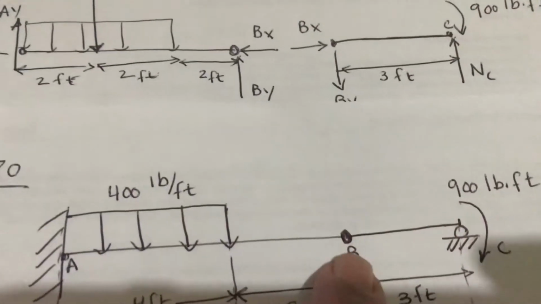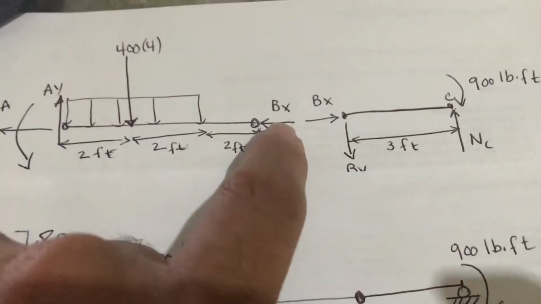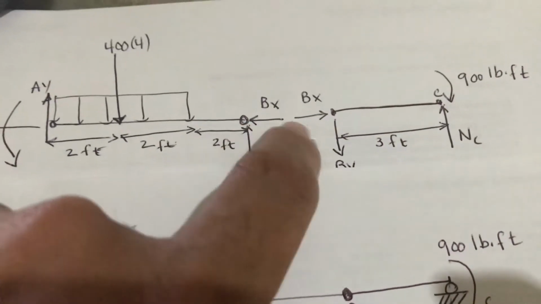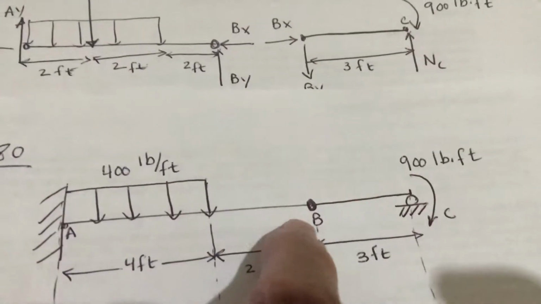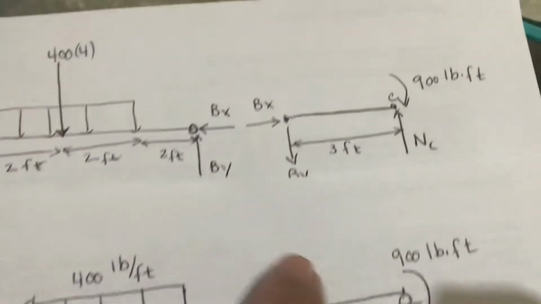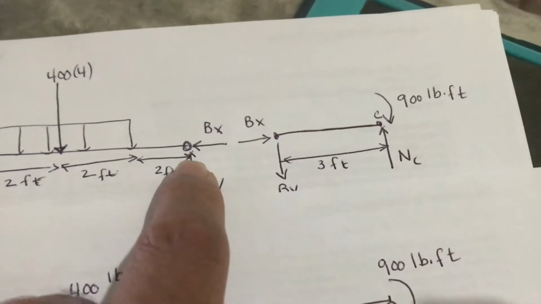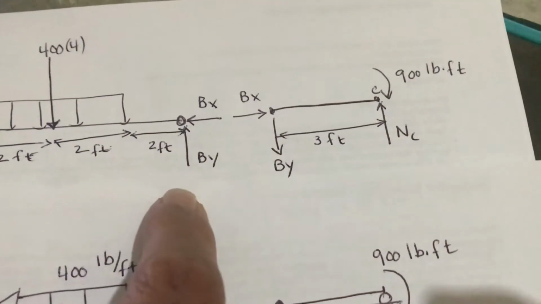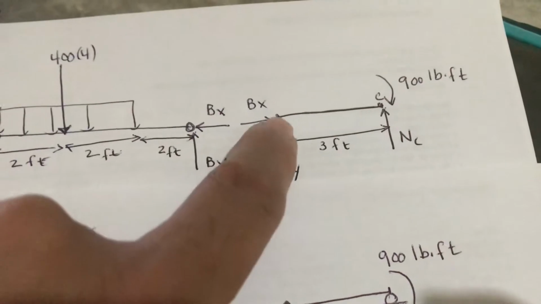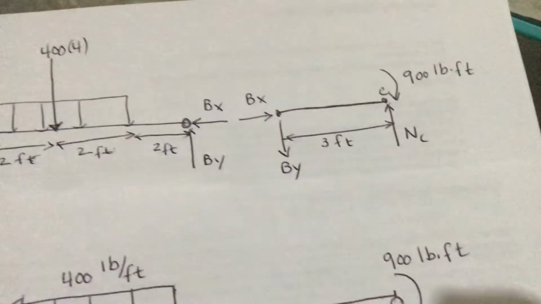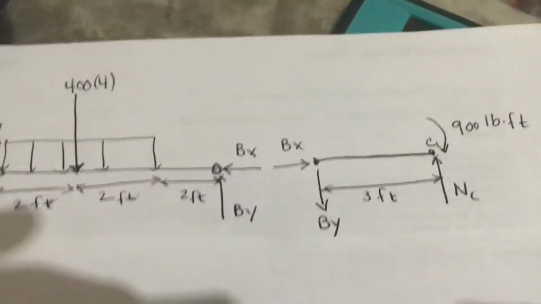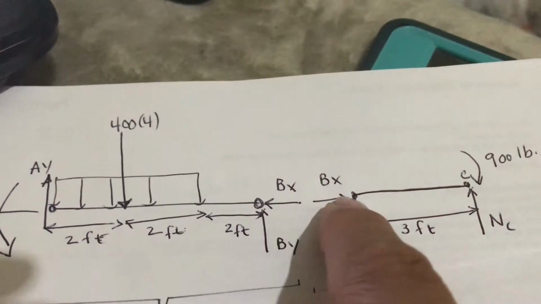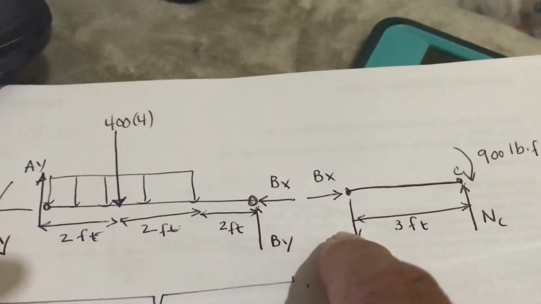So we take it off, so you can see that at point B there should be BX and BY, and of course, if you assume compression on one side, the other side is going to be the opposite. BX, BY, and since you assumed this BY like this, the other is going to be the opposite of BY.